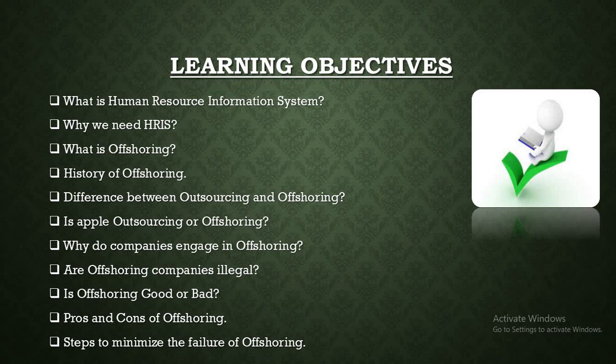Is Apple outsourcing or offshoring? Why do companies engage in offshoring? Are offshoring companies illegal? Is offshoring good or bad? Pros and cons of offshoring, and the last one, steps to minimize the failure of offshoring.